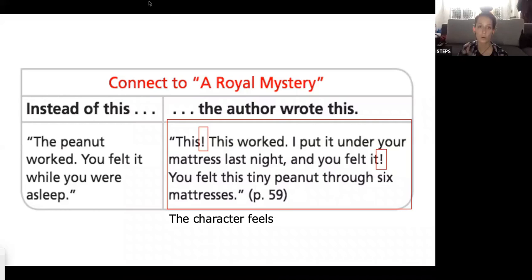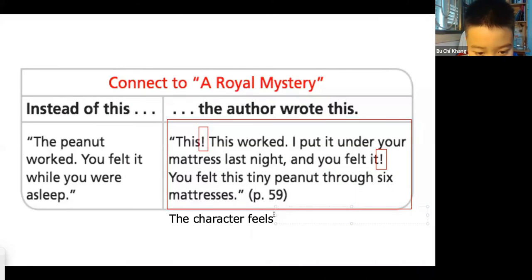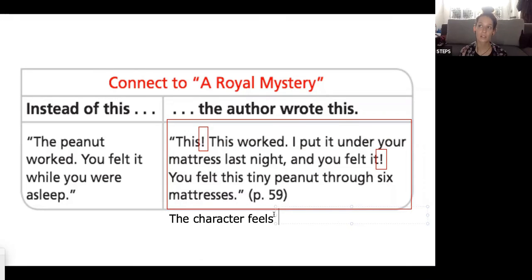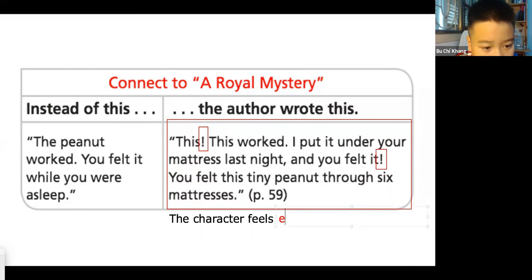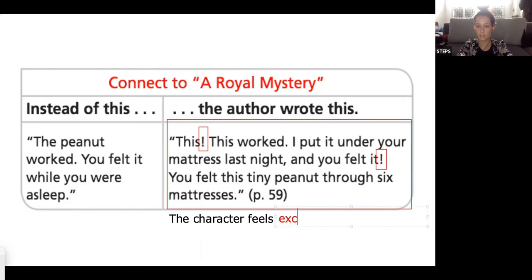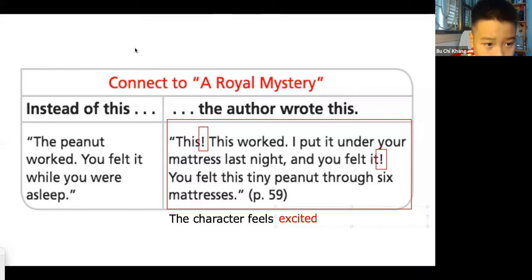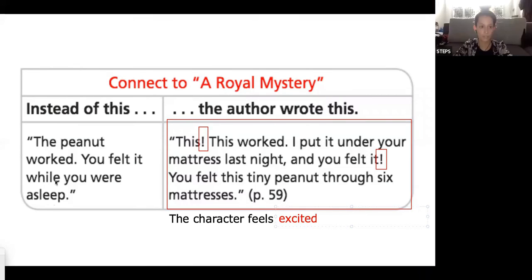Exclamation points show what kind of feeling? Strong feeling. So do you think that this character is, let's say some strong feelings could be angry or surprised or excited? Excited. Okay, so we'll say this character feels excited. Thank you.